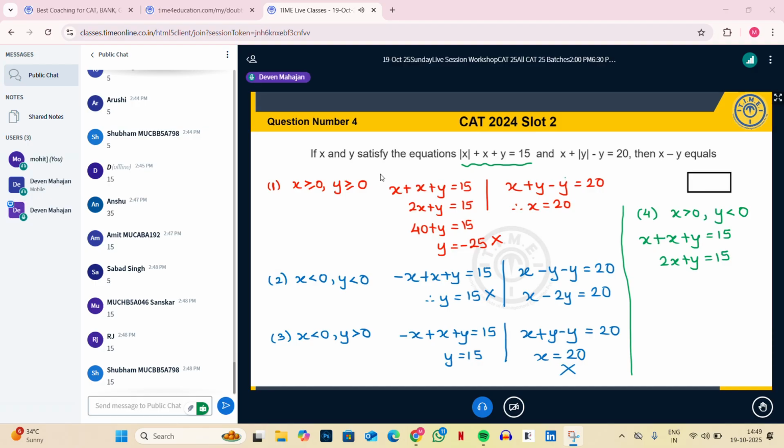And the second equation, since y is taken as negative, that mod y will become minus y. So you get x minus y is 20. So you get x minus 2y is 20. Okay? So solve these equations, see what you are getting.